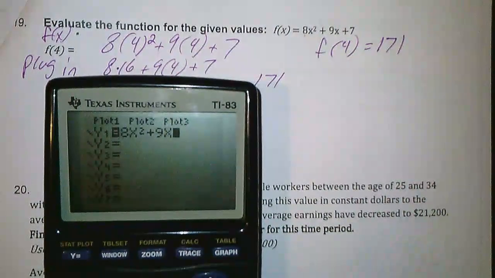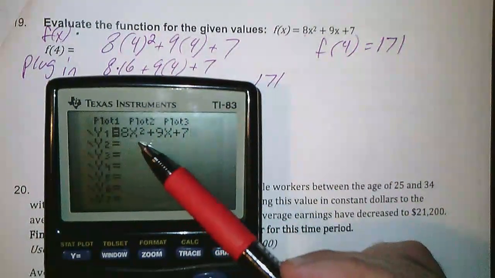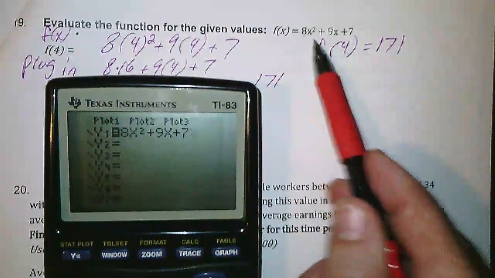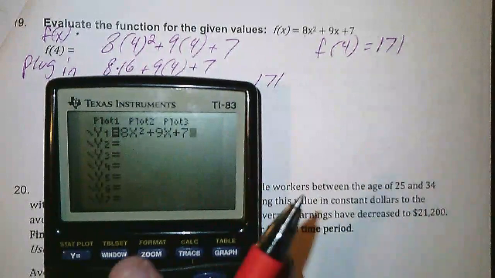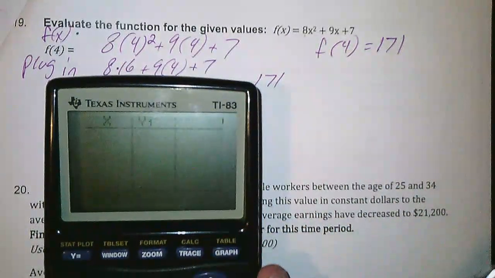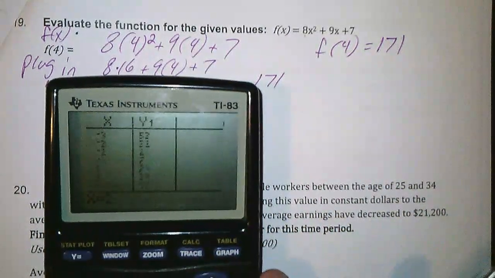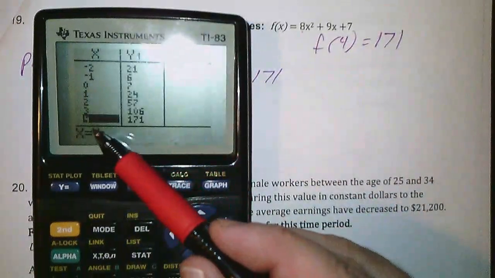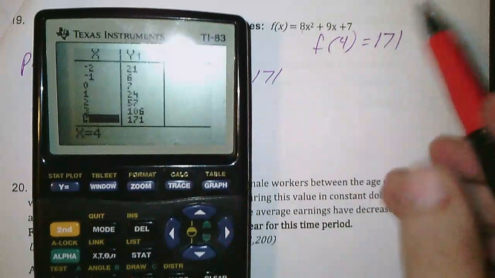plus 9x plus 7. So you can check and make sure that what you typed in matches the function, and it does. And we can go to the table. There's our where x is 4, y is 171.